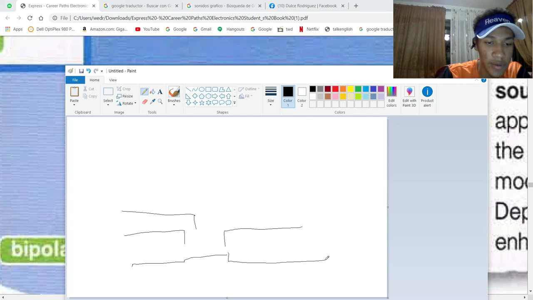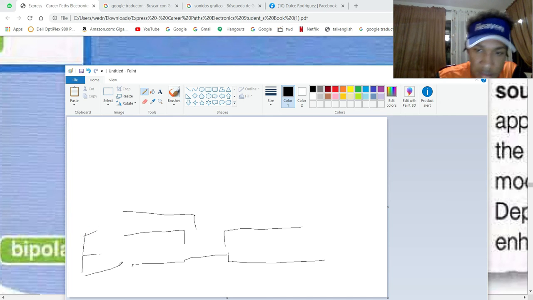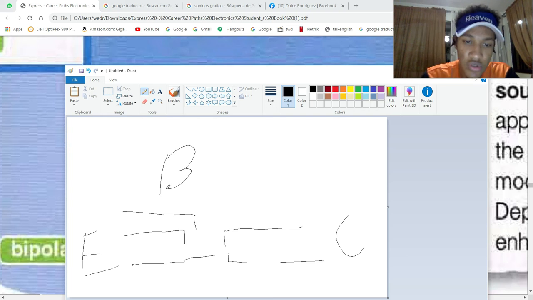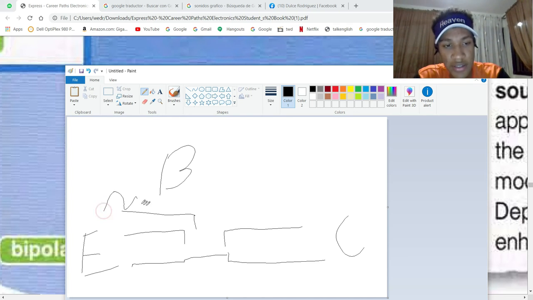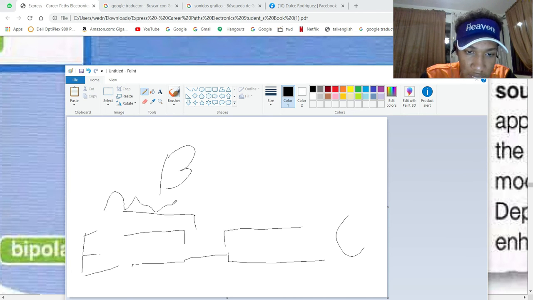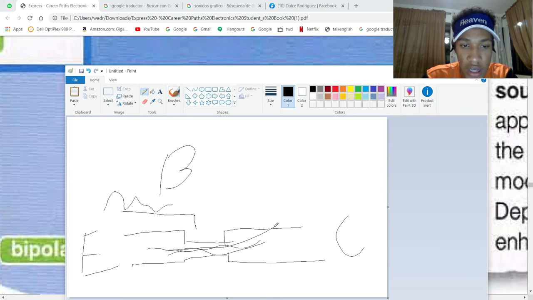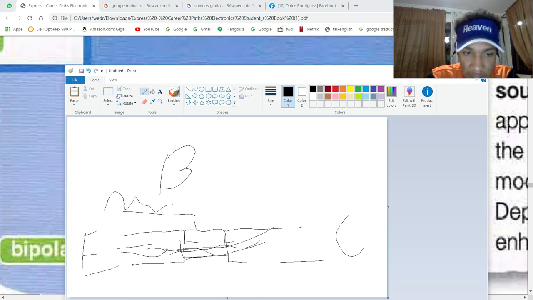This is the emitter, this is the collector, and this is the base. If I want to pass a current, I put the voltage in the base, so the base is open, so the current can flow. If I don't put a voltage, the base is closed, so the current can't flow.